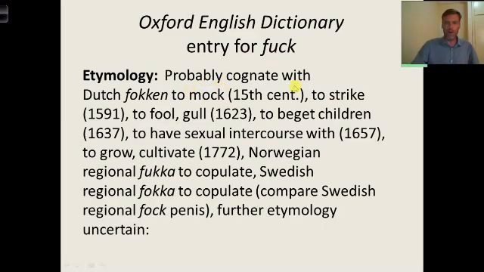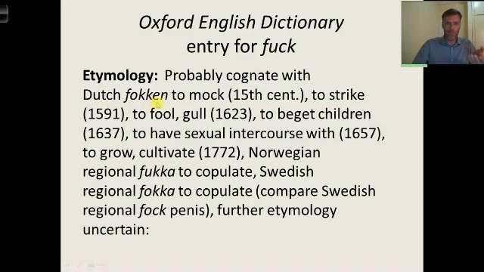So what they say, and we need to kind of explain what's going on, is: probably cognate with Dutch volken. Now, cognate means that it's a word in another language that is typically a related language, and there's a word that is presumably related to an English word. So Dutch is a closely related language to English.